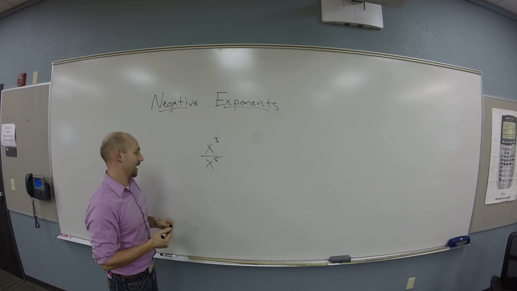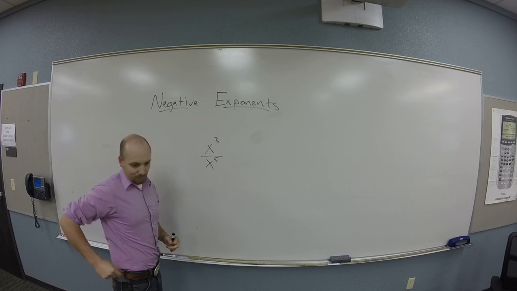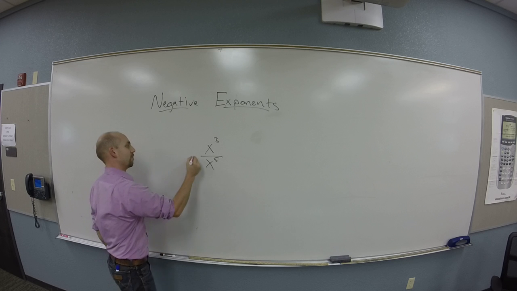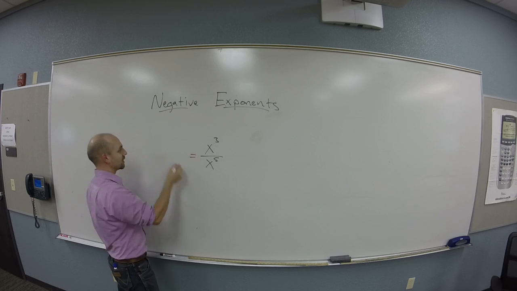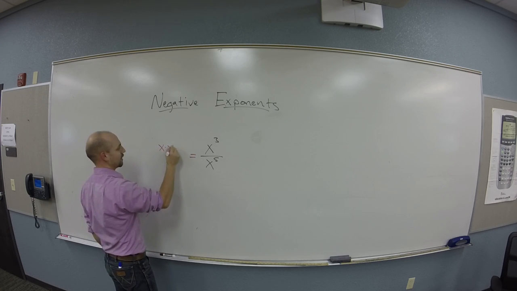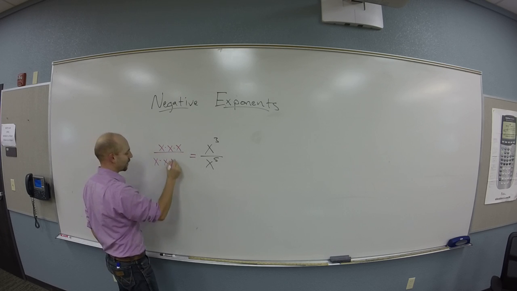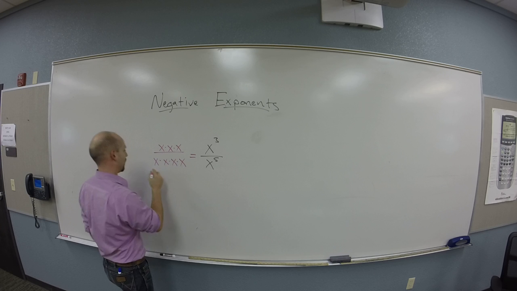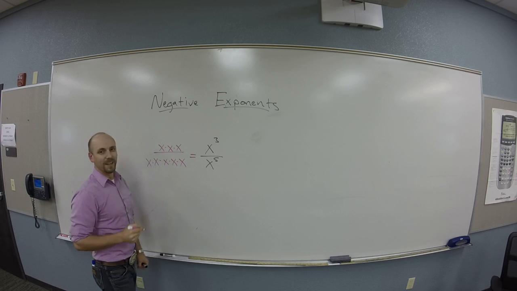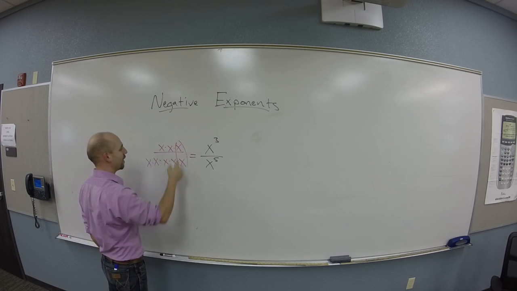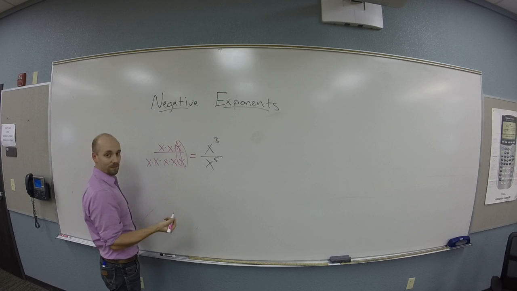Today, I think you were thinking something like this pink thought, which is, okay, this is 3 x's multiplied together on the top, and then on the bottom there are 5 x's multiplied together. I'm going to pair these up, one on top, one on the bottom, and cross them out.